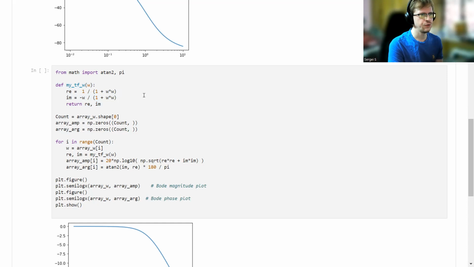Yeah, so what you propose is we write an exact transfer function with complex numbers, substitute omega there, and then just get out a real and imaginary part using some built-in Python functionality, right? Yeah, we can totally do it.